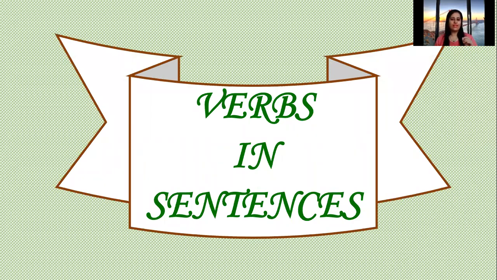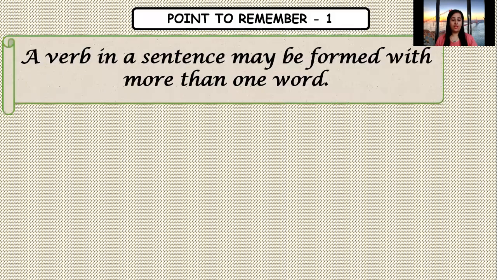Now, a few points I will mention which you have to keep in mind always. Our first point to remember, a verb in a sentence may be formed with more than one word. Not understood? I'll explain it with examples.